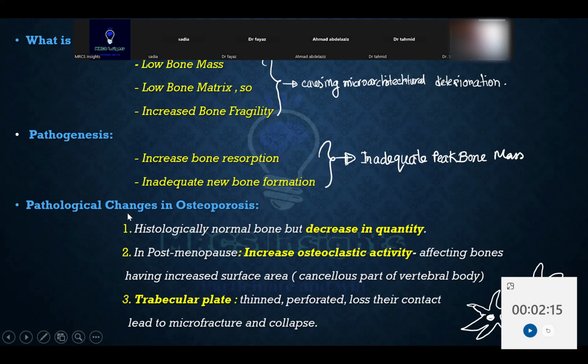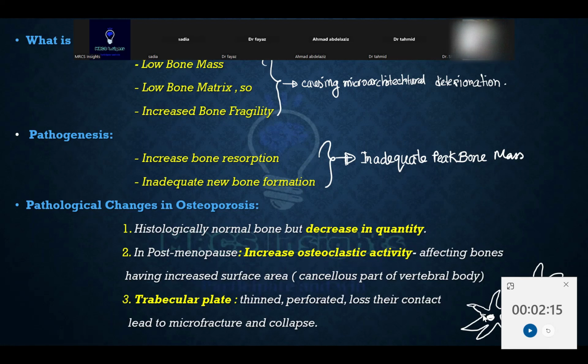Now come to the pathological changes in osteoporosis. In case of osteoporosis, there will be histologically normal bone, but just decreased in quantity. In postmenopausal women like this patient, there will be increased osteoclastic activity, and this will affect the bones having increased surface area, like the cancellous part of the vertebral body. You can see here the trabeculae.